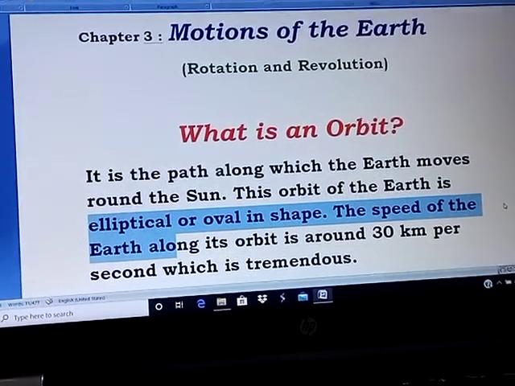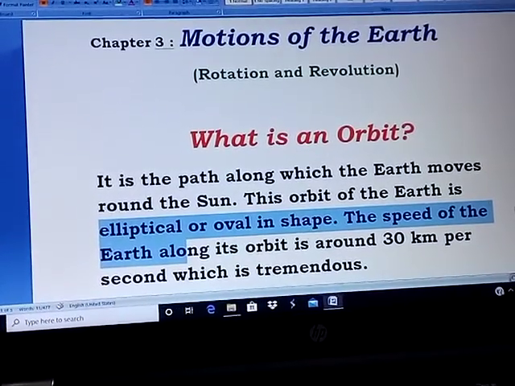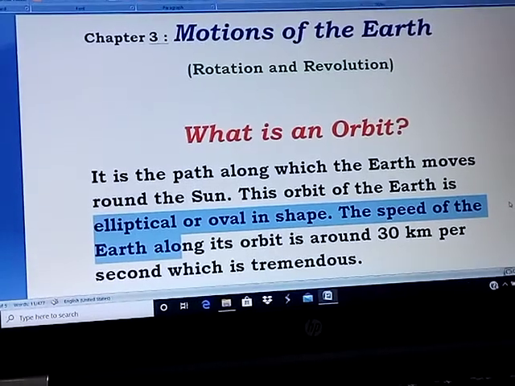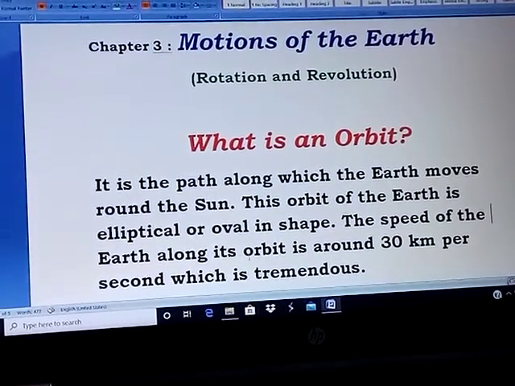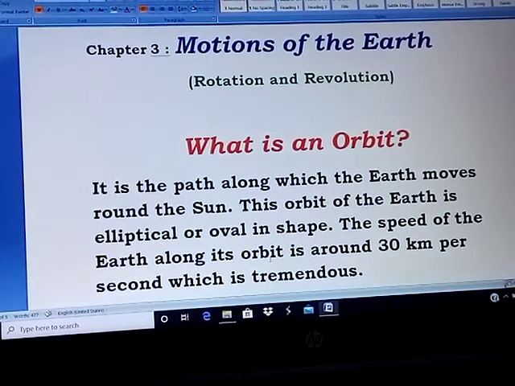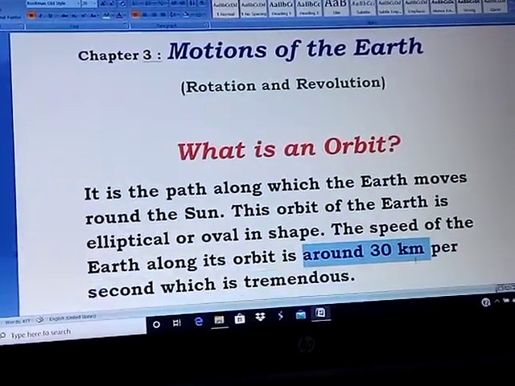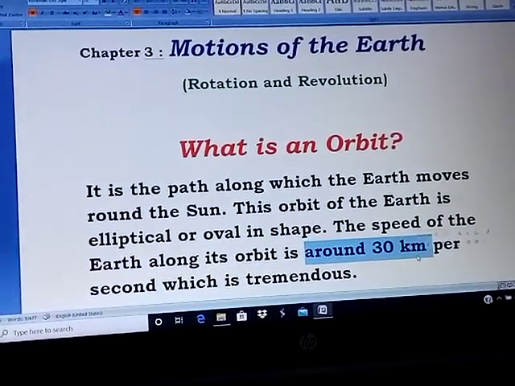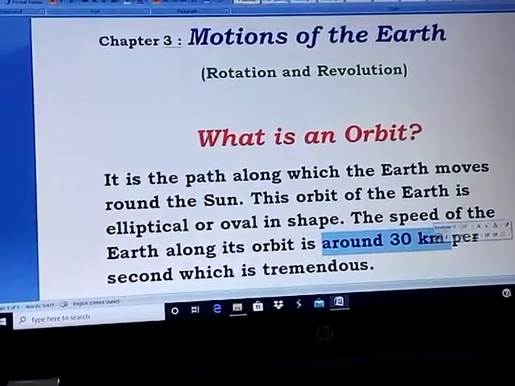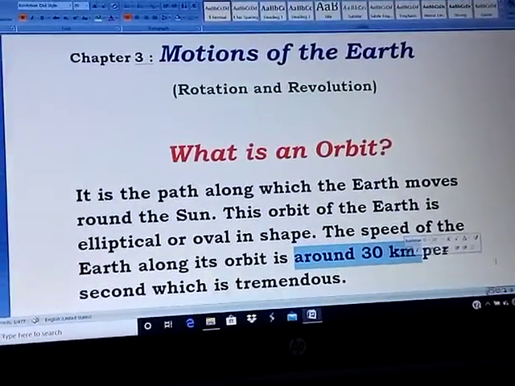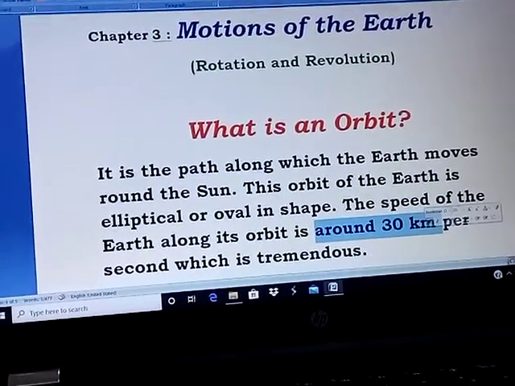It is oval in shape, almost like an egg shape, not a football shape. And the speed of the earth, I told you in the previous class, is very high. It is around 30 kilometer per second.